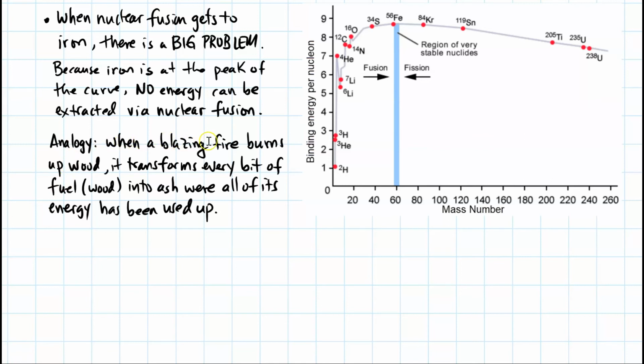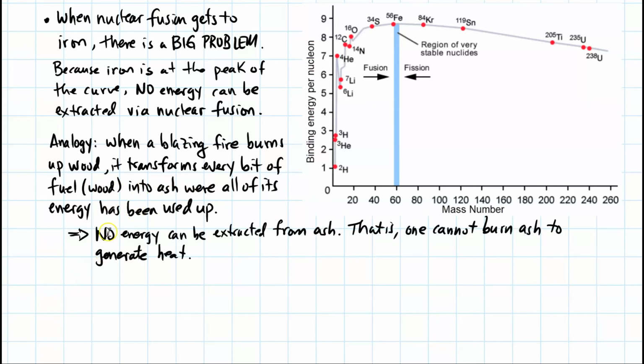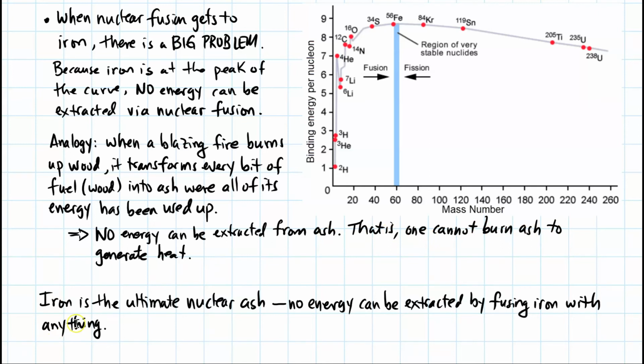Analogy: when a blazing fire burns up wood, it transforms every bit of its fuel, in other words the wood, into ash where all of its energy has been used up. This implies that no energy can be extracted from ash. That is, one cannot burn ash to generate heat. Iron is the ultimate nuclear ash. No energy can be extracted by fusing iron with anything.